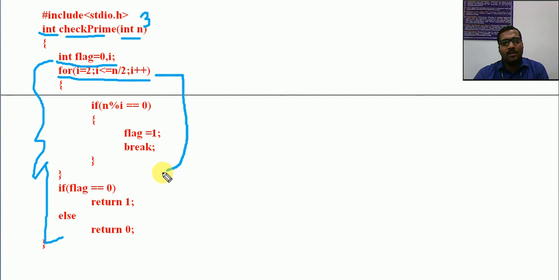The loop will be terminated and we will go out. Look at this first case, 3. I equal to 2, I less than or equal to 1, that is wrong, so it will exit from the loop. Then come here: if flag equal to 0, the initial value of flag is 0. Now also flag is equal to 0, so the function returns 1. If it is returning 1, what are we checking there? Check prime of I.